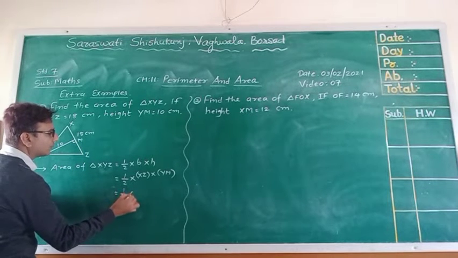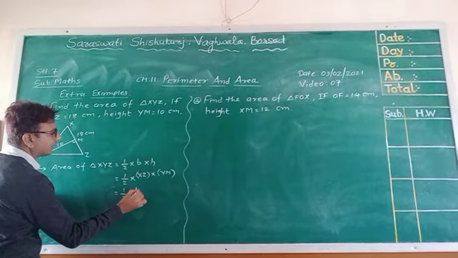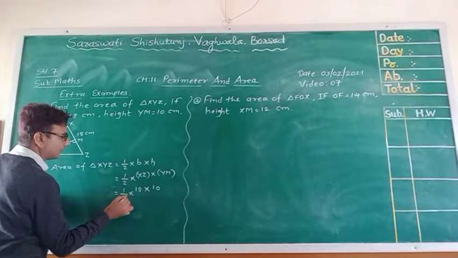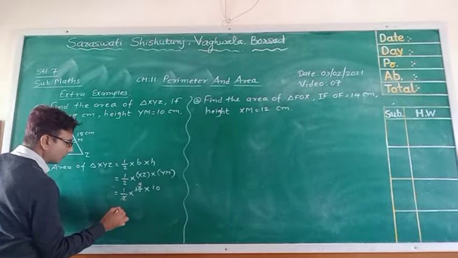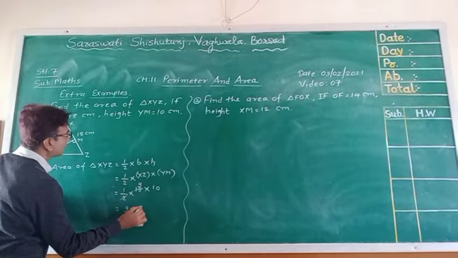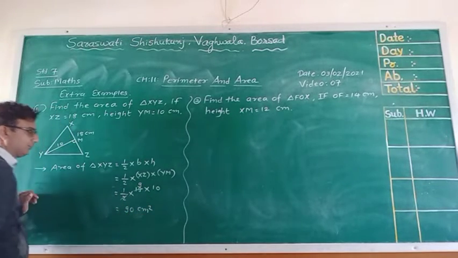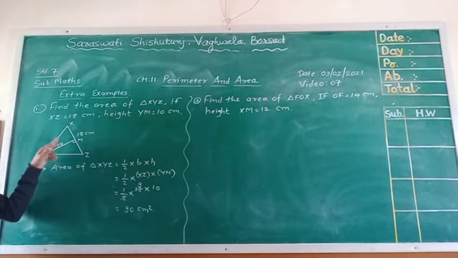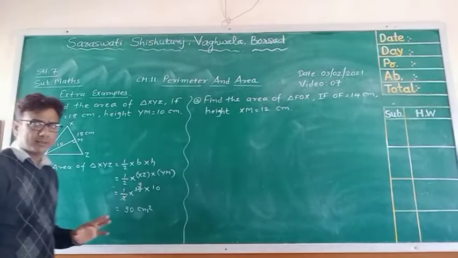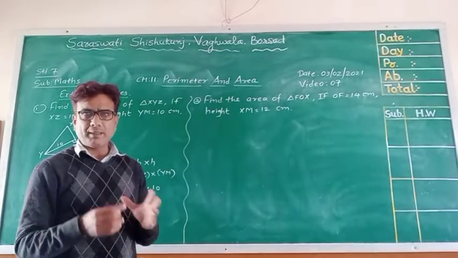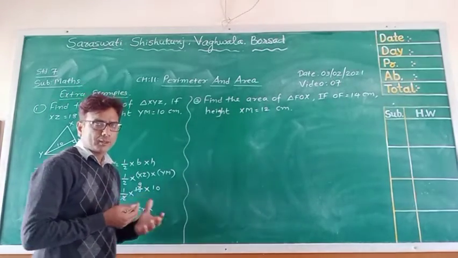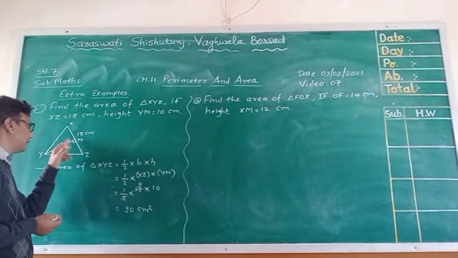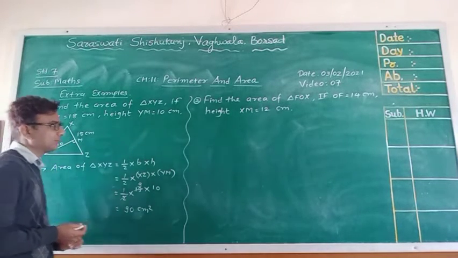So 1/2, XZ is 18 cm and YM is 10 cm. 2 9s are 18, and 9 10s are 90. So this triangle XYZ area is 90 cm squared. Here we require the base and the corresponding height, YM, and the base is XZ.